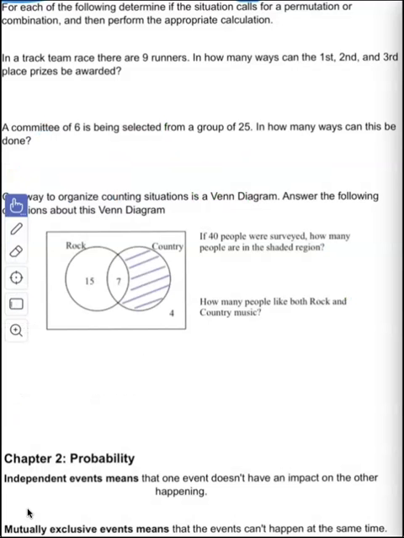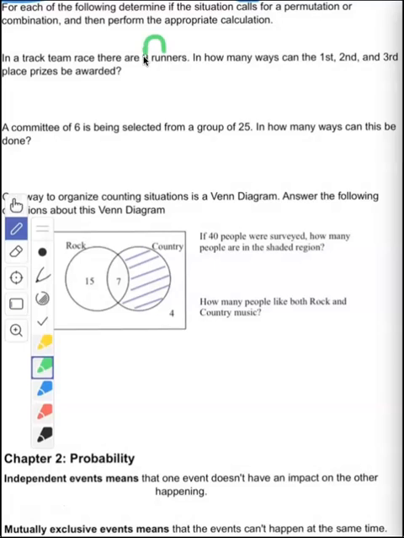All right, so now let's try to use it. For each of the following, determine if the situation calls for a permutation or a combination, and then perform the appropriate calculation. In a track team race, there are 9 runners. That's going to be what N is. In how many ways can the first, second, and third place prizes be awarded?